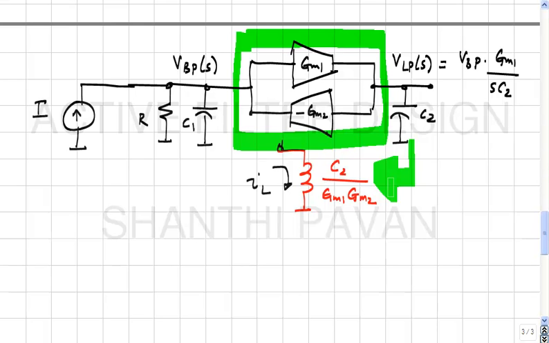So, looking back from C2, we expect to see a Thevenin impedance, which is a gyrated version of the RC network in parallel, which is an LR network in series.